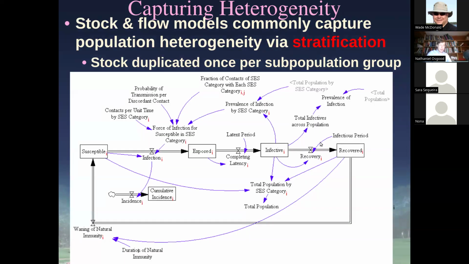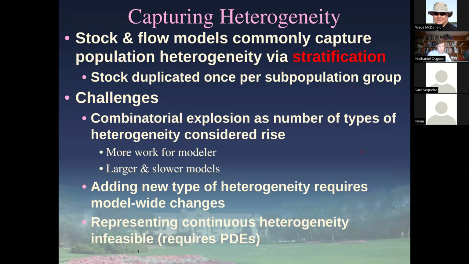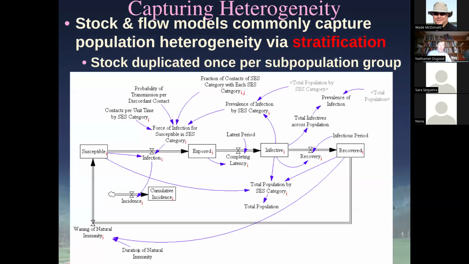Introducing a new type of heterogeneity in the population, differences between people, requires changes across the entire model structure, and it's a very big deal. So if you say, oh, well, maybe we want to take into account something about someone's education status.